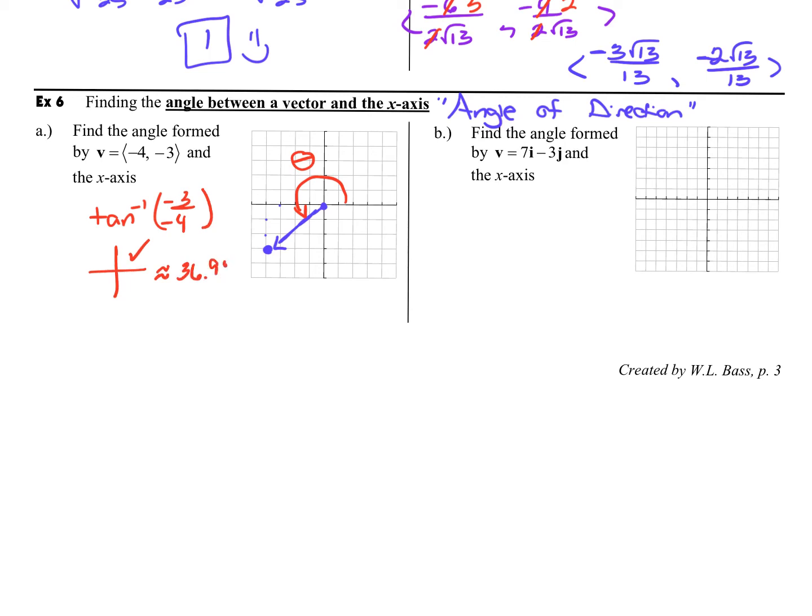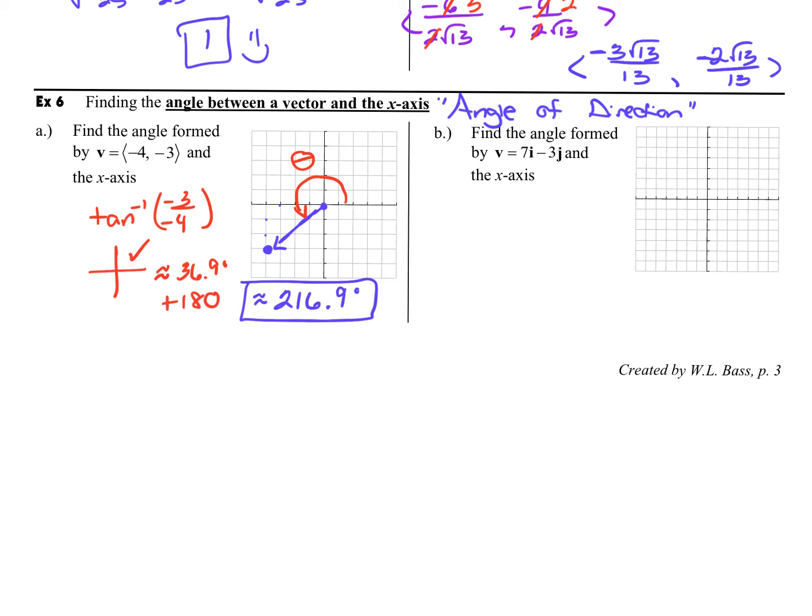What we need to do, because we understand our angle is supposed to be in that third quadrant, is add 180 degrees to that to get that into the proper quadrant. So our actual final answer is 216.9 degrees. Okay? You've got to really understand how to graph these and how to move them into their proper quadrants.